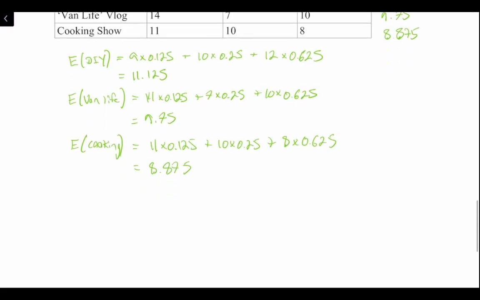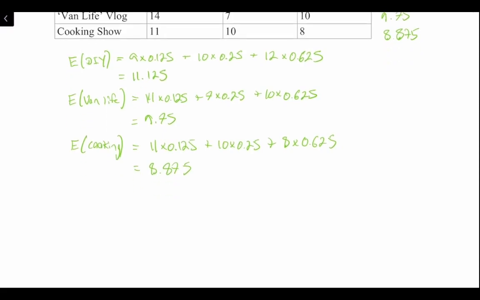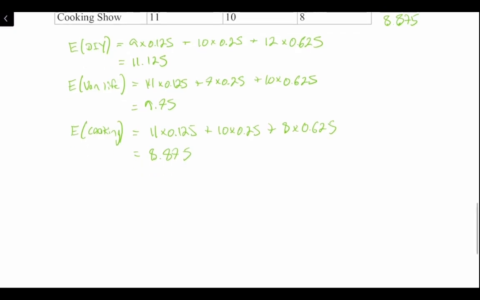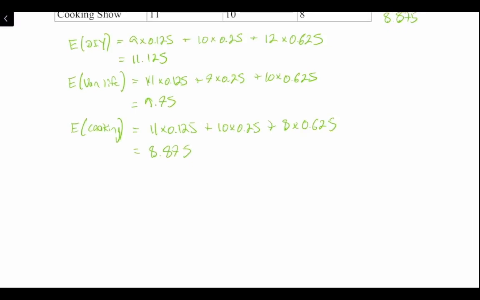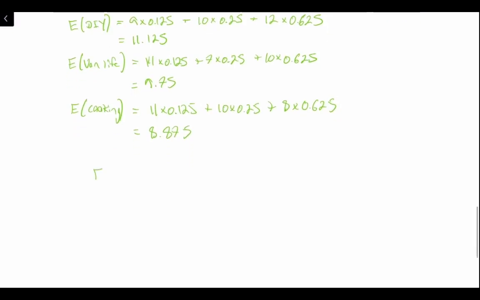Now, our EVPI is equal to what we call the EPC, or the expected value of perfect control, minus our maximum expected payoff, our maximum EP.